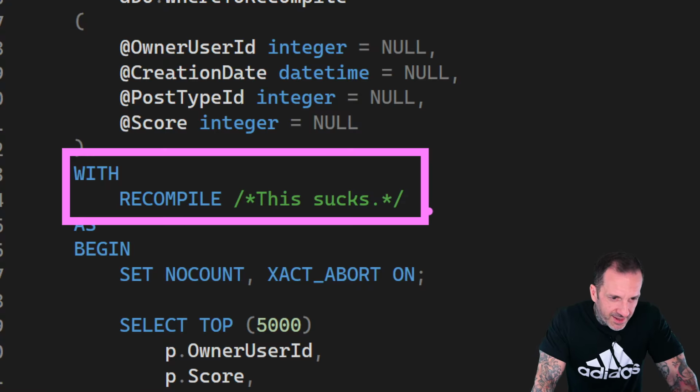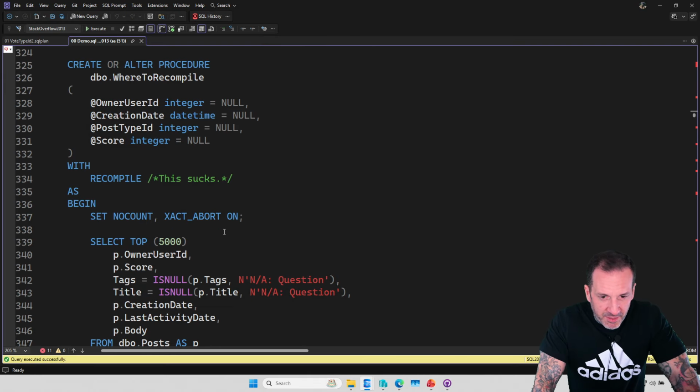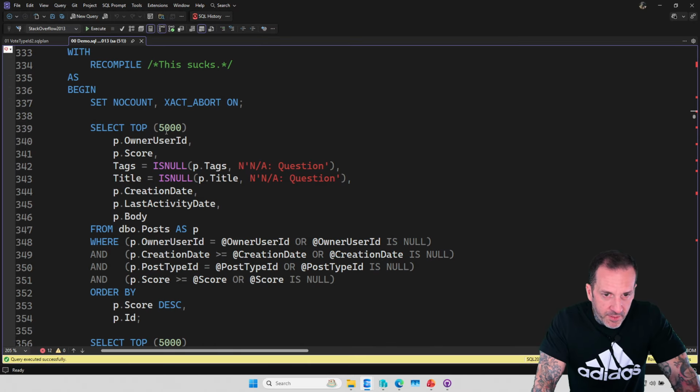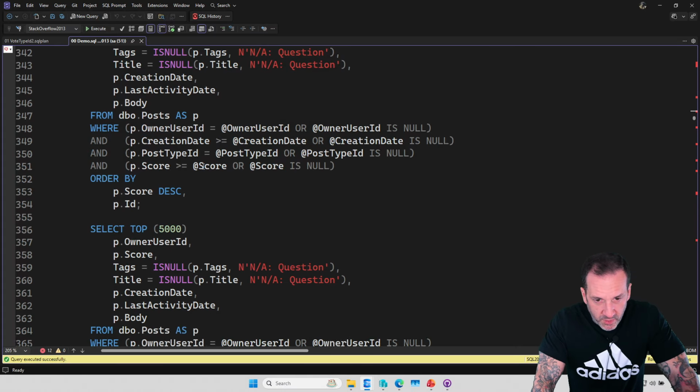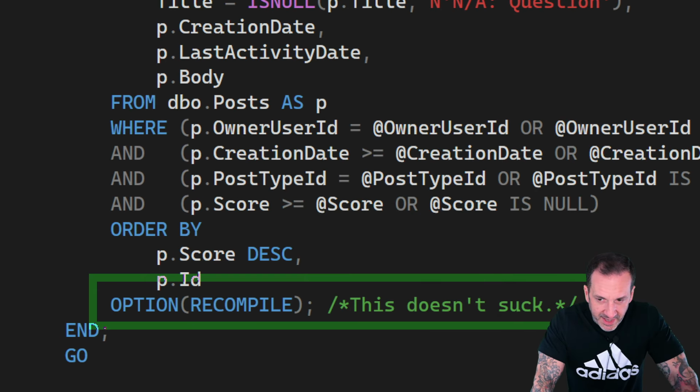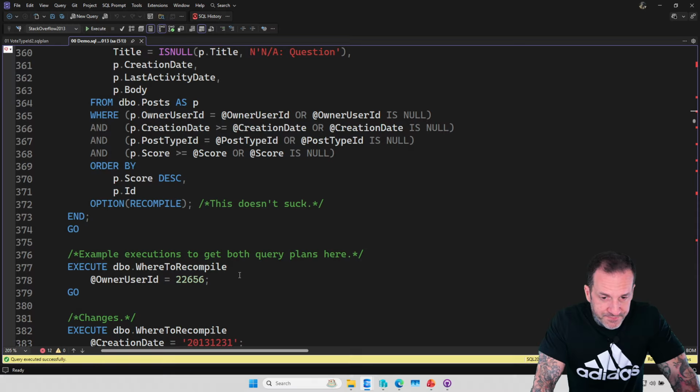And I say this sucks because this is really not my preferred method of recompiling. This recompile hint here just doesn't have the same magic powers that it does if you put a recompile hint down lower. So this actually has the same query repeated twice in it. There's this one here, which is just a normal query, and then there's this one here, which has option recompile at the end, or a statement level recompile.